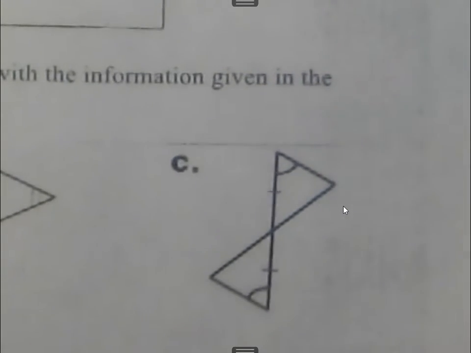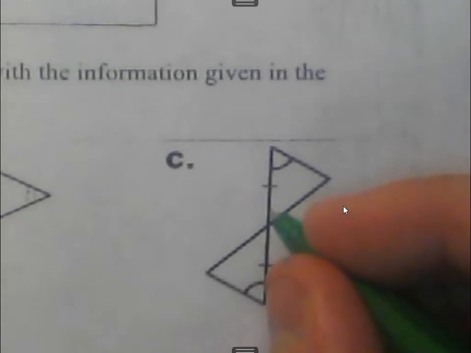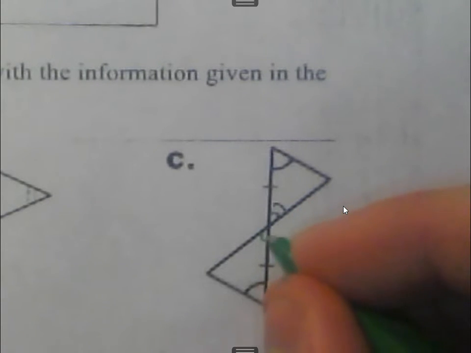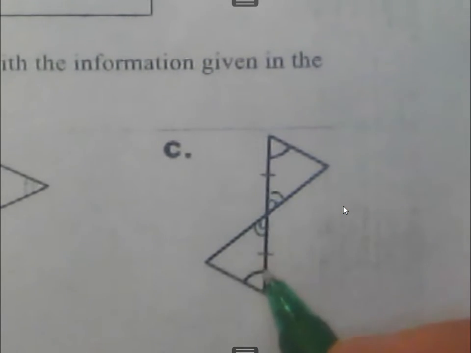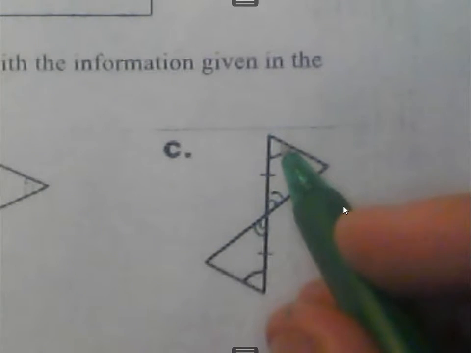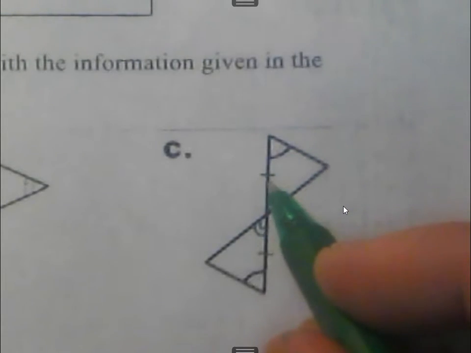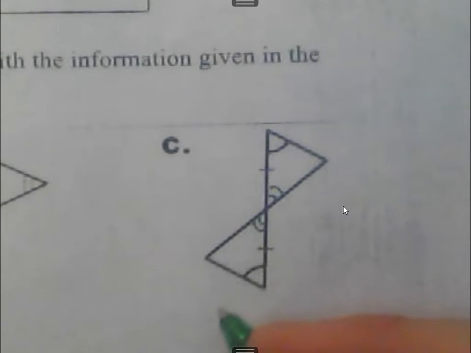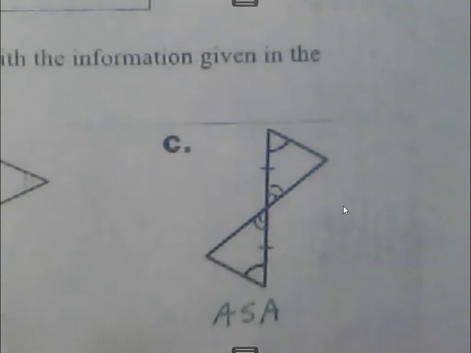Part C. Again, we have vertical angles. If I mark those vertical angles, that helps us see a little better. I have an angle, a side, and an angle in this triangle, and in the other triangle I also have an angle, a side, and an angle. So yes, these can be proven congruent by angle, side, angle.